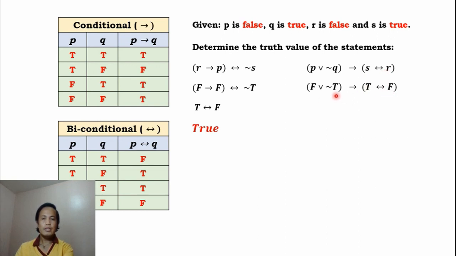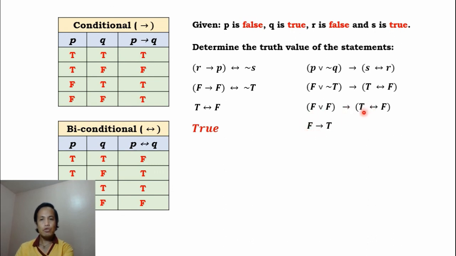Then we get the negation of true, we copy F. The negation of true is false. We copy the remaining statements. Then we have false or false is false. This one, false or false, according to disjunction, is false.